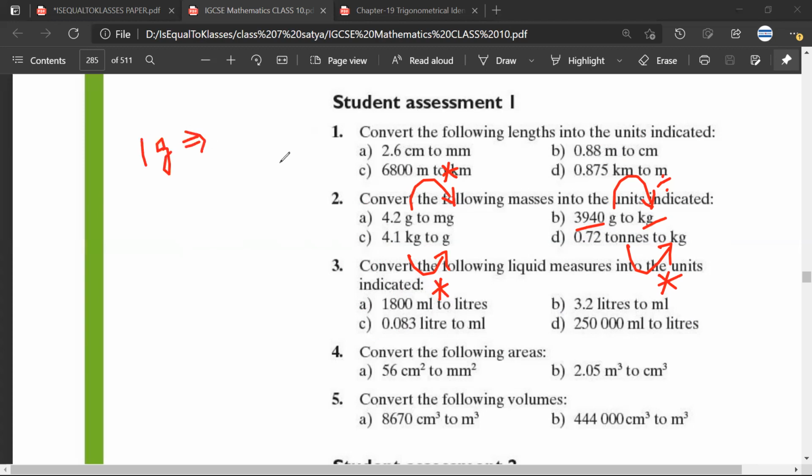So 1 gram is equal to how many mg, Mr. Satya? So 1 gram is equal to 1000 mg. Mr. Sarthak, how many milligrams make 1 gram? So 1000.